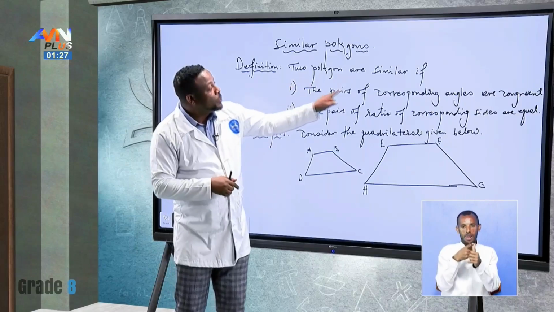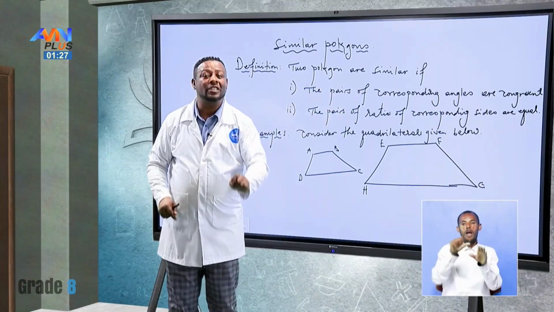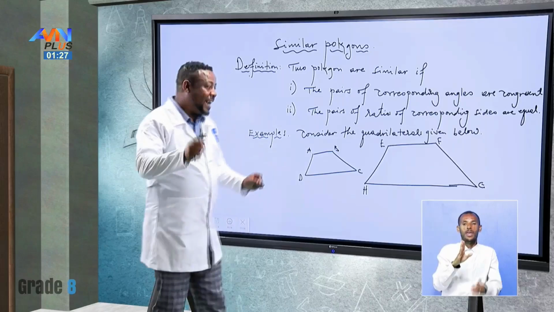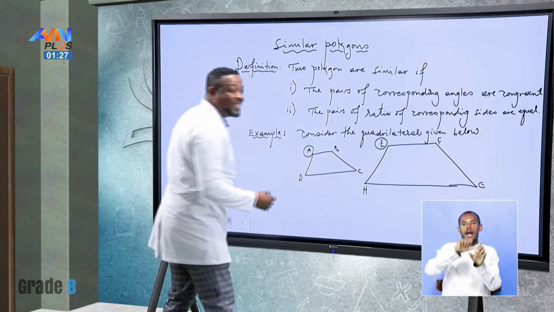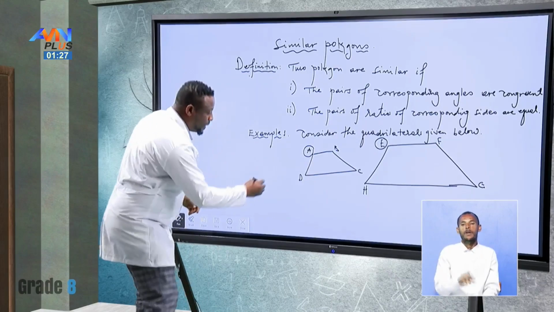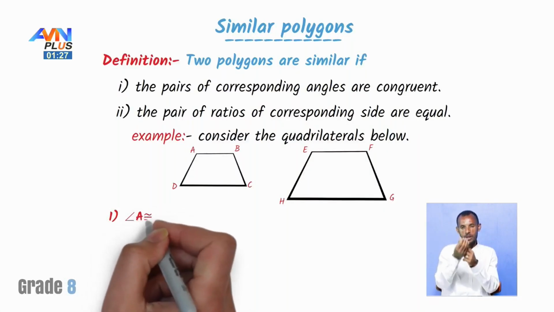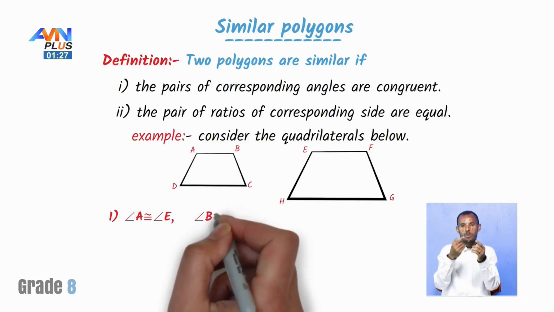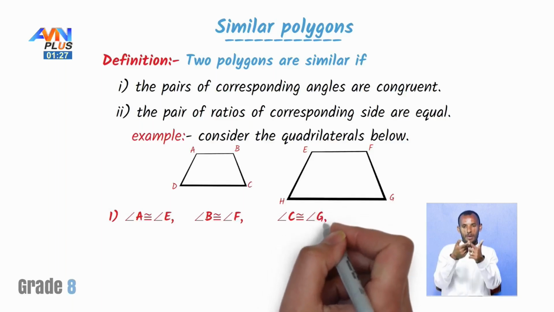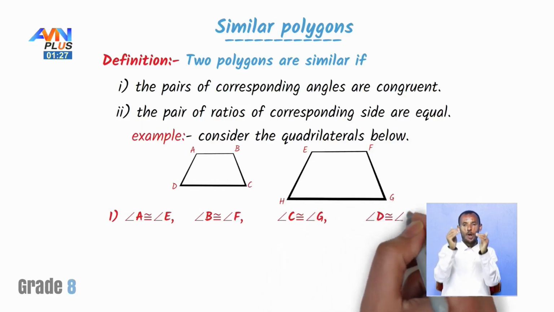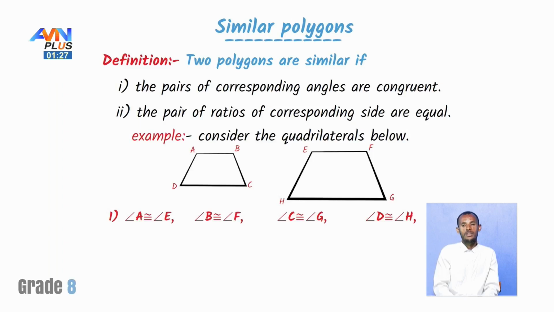One, the pairs of the corresponding angles must be congruent. That means angle A and angle E must be the same. Okay, so you can put like this. The first condition, angle A must be congruent to angle E. At the same time, angle B must be congruent to angle F. So you need to write it like angle B is congruent to angle F. The third one, this is G, okay?